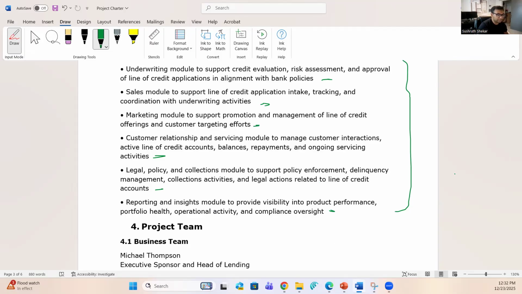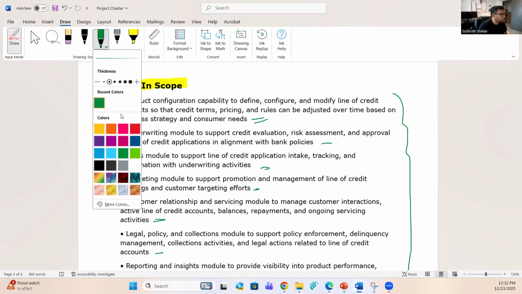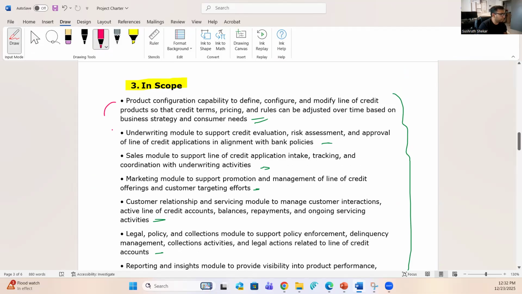Now, as a business analyst, why should you be aware of all these in scope items? Why is it very important for you? The reason is, like I said before in the previous video, when a business stakeholder gives you a requirement, you need to be able to figure out whether it is in scope or out of scope. Example, they give a requirement about capturing savings account related information.